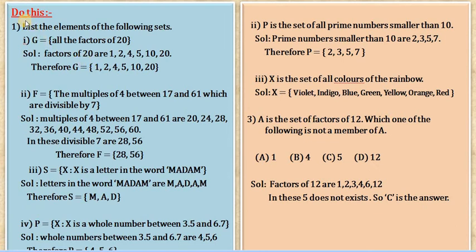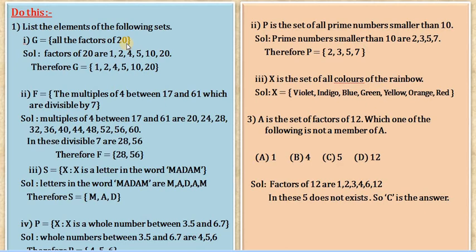Okay. Now let us do this from the textbook. First one, list the elements of the following sets. G is equal to the set of all factors of 20. So in this they are giving set builder forms and you write the roster forms. All the factors of 20, how do you write?